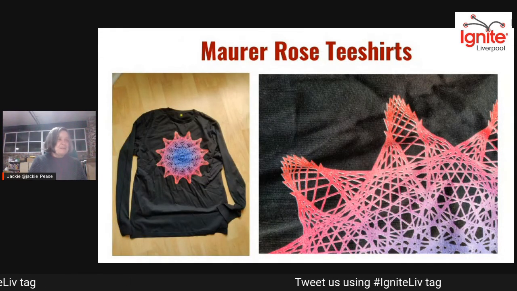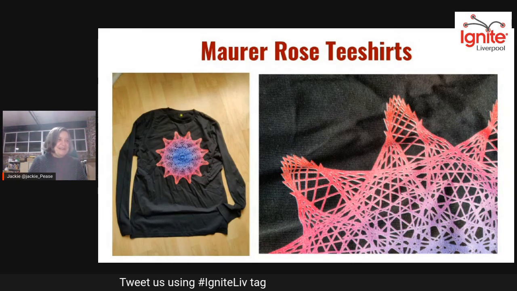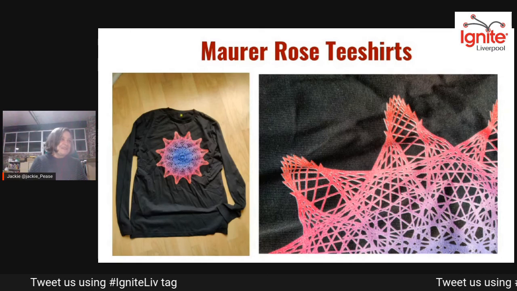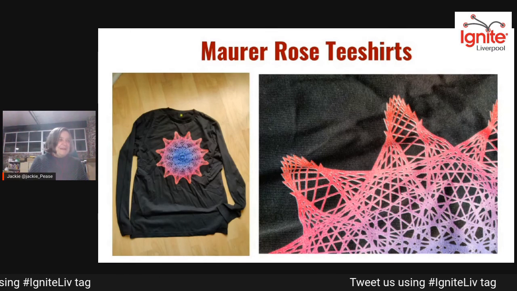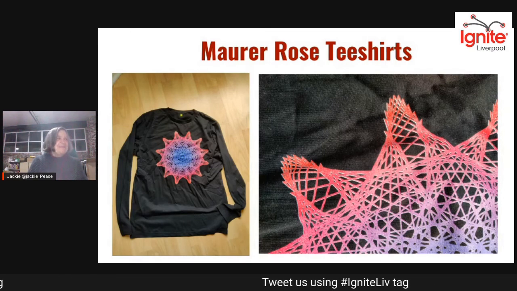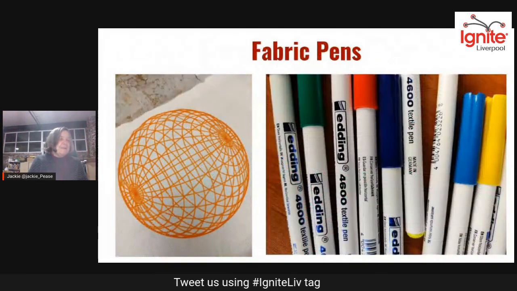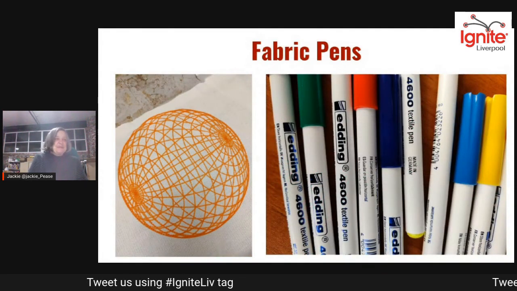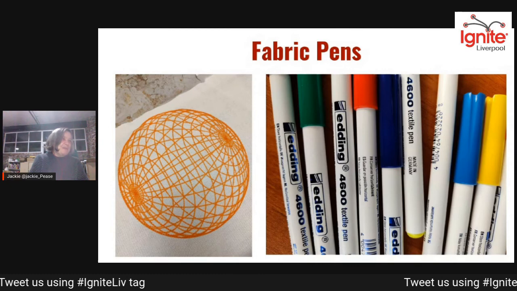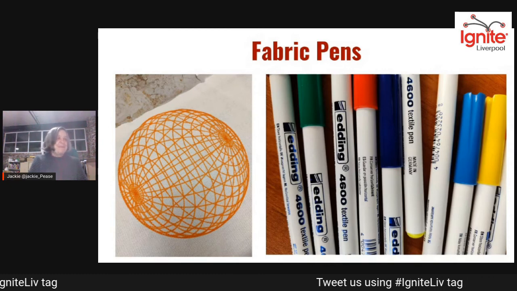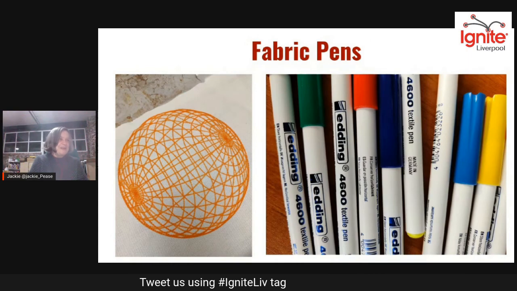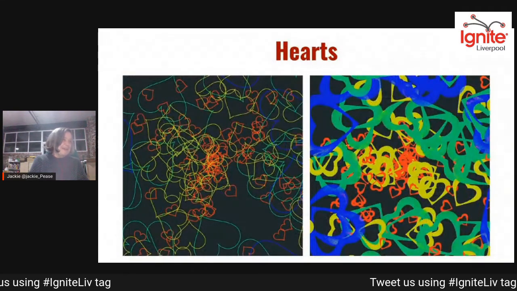I was also able to send off the design for a t-shirt and get the same design printed on a t-shirt, not using the pen plotter. But you can draw on t-shirts with pen plotters, and they come out really well. So I think that's something I'll be looking into more in future. These are very smooth, even on quite a rough fabric here.